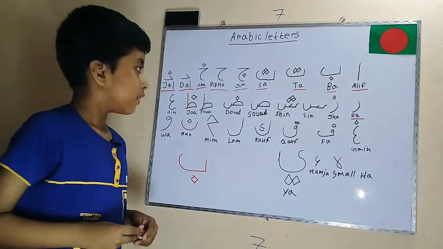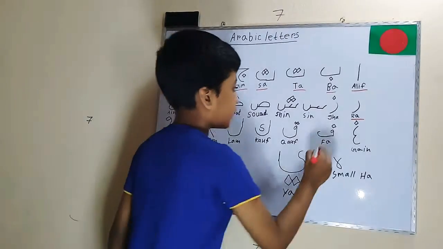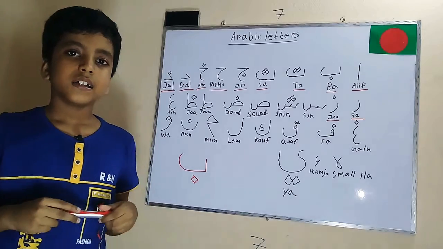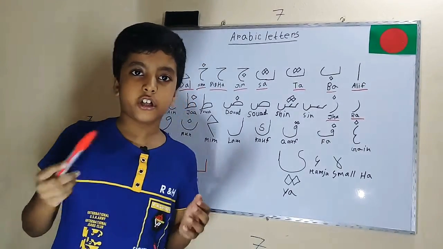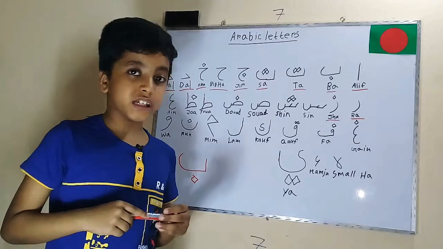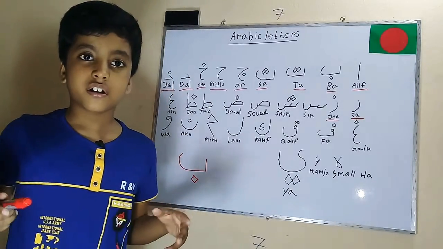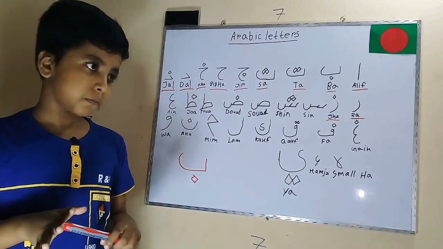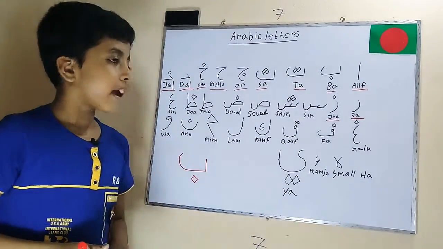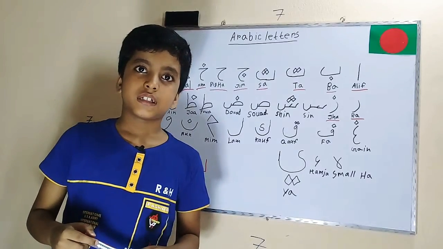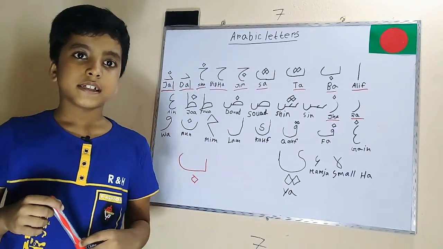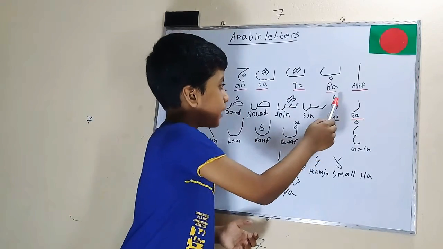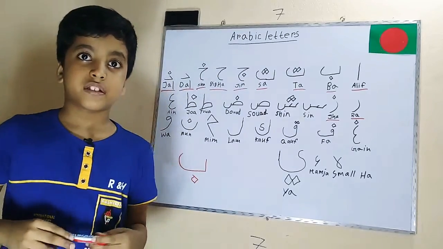Next we have za. Now za gives the sound za, and ra gives the sound ra. Za and ra are pretty similar, and the only difference is that za has a dot right above it.